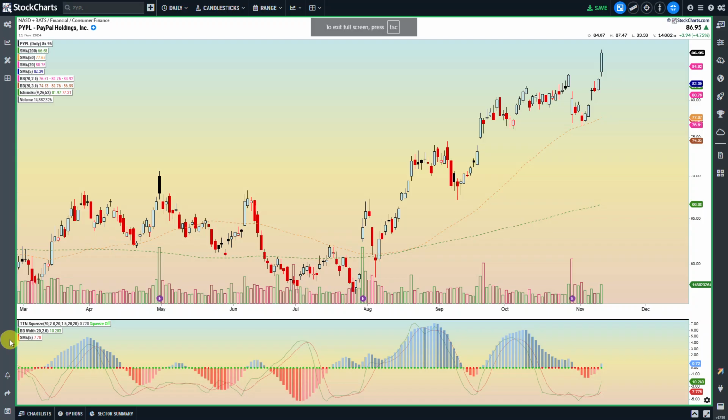Basically, the TTM squeeze is on the bottom of this chart right here, and it was developed by a gentleman by the name of John Carter. It helps to identify when prices move into consolidation and then when they're breaking out, which is exactly what I'm looking for. I want a trend.